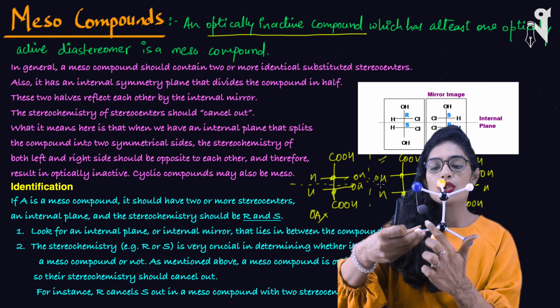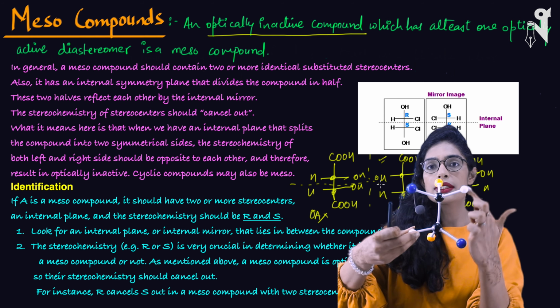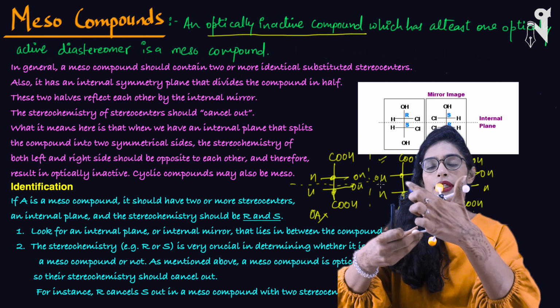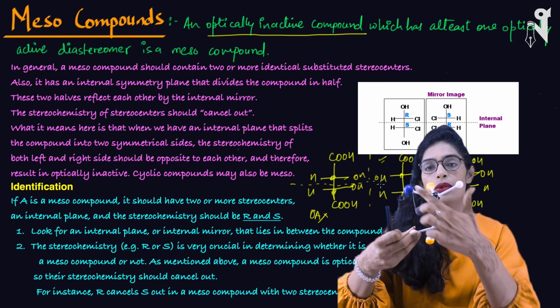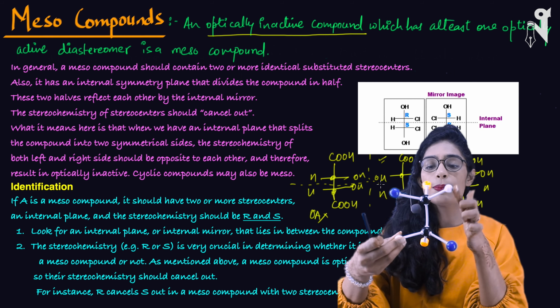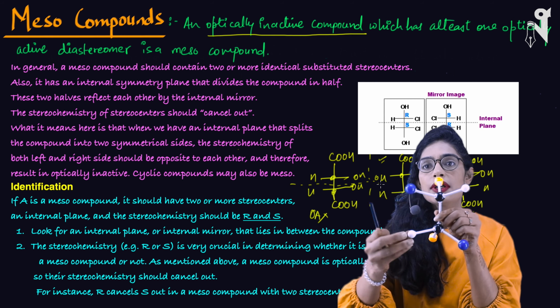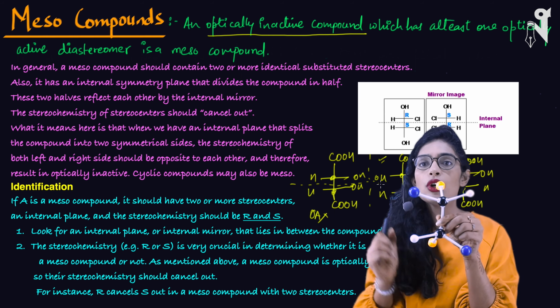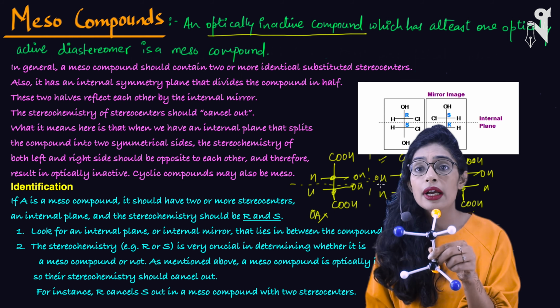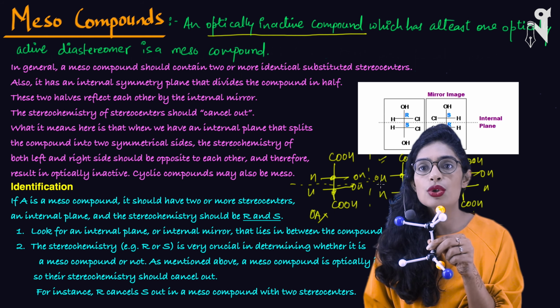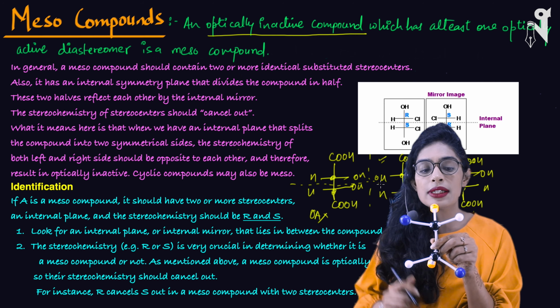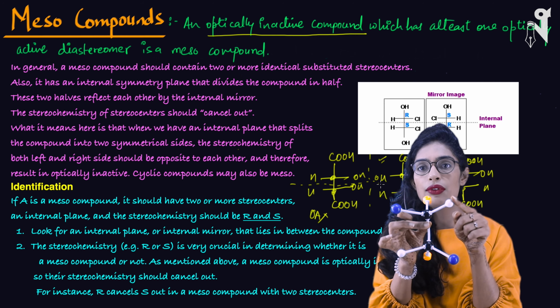Or any line which is joining this hydrogen and hydrogen, is it passing through the center? No. The line joining this molecule and this molecule, is it passing through the center? No. So the line which will pass through the center is nowhere even coming closer to the same group on the opposite side. So though it looks like from the 2D structure that it should have a center of symmetry, but it doesn't have. Just look at it very, very carefully.